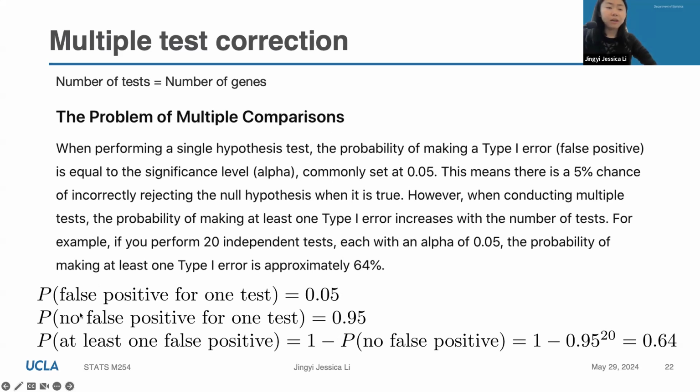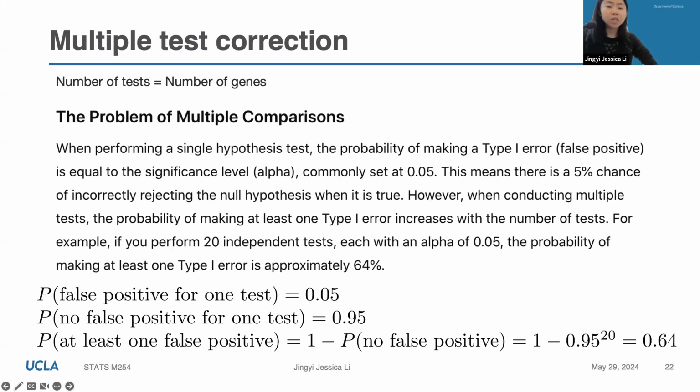So that is what I wrote here. The probability of having a false positive for one test is 0.05. Then 1 minus that is the probability of having no false positive for one test, 0.95. This means that there is a 5% chance of incorrectly rejecting the null hypothesis when it is true.